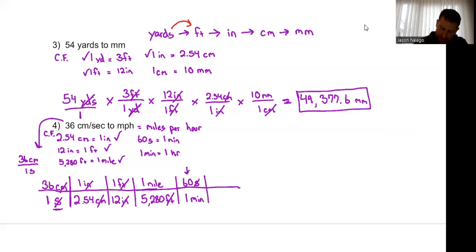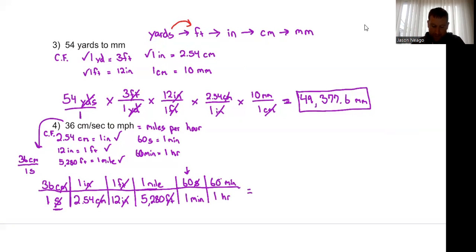And because I have minutes below the cancellation line, I need to have minutes above the cancellation line. So I'll have 1 minute. Oh, I did that wrong. Not 1 minute, 60 minutes. So I'm going to have 60 minutes above the cancellation line and 1 hour below.